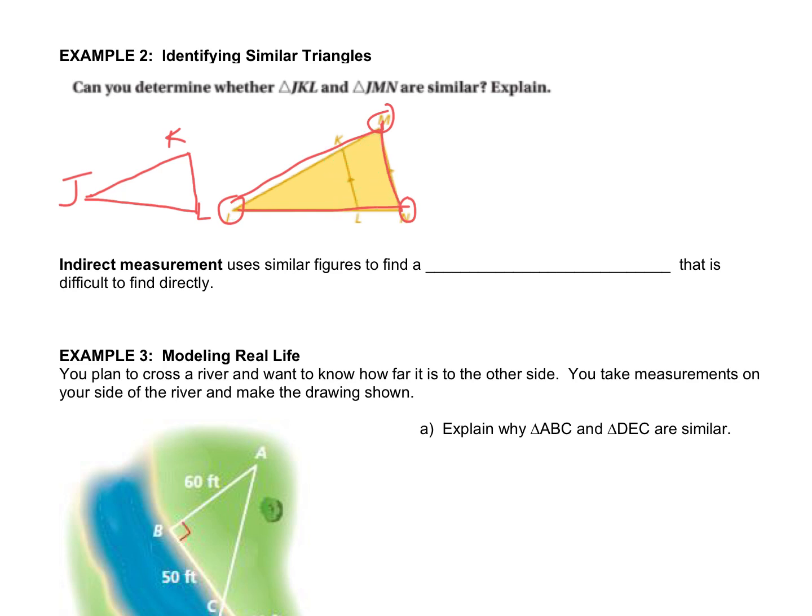What we know about a transversal is that it creates corresponding angles right here, which means they are equal, so angle JMN is congruent to JKL.